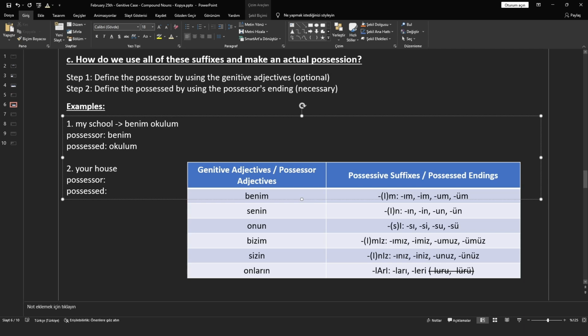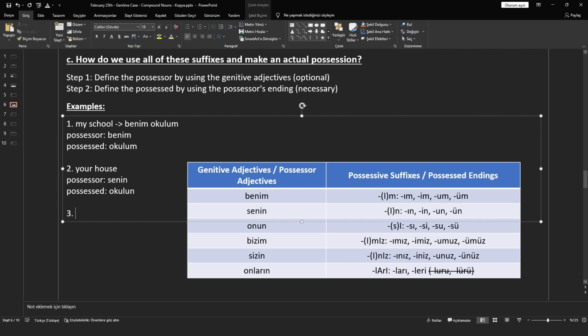Yes. And then senin, your. Let's check this one. Senin uses ın. Senin okul. And let's check the final letter. It's a consonant, so we need the extra vowel. Senin okulun.